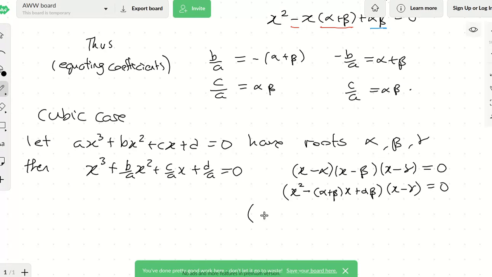So let's multiply it out carefully. x cubed minus alpha plus beta x squared plus x alpha beta plus, minus gamma x squared plus gamma x alpha plus beta minus alpha beta gamma equals 0.